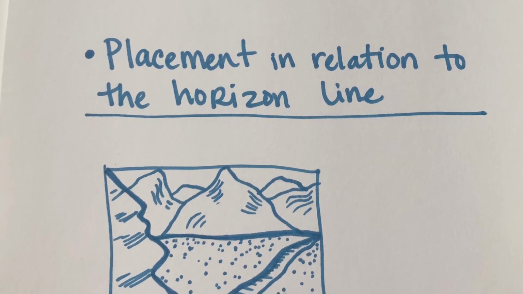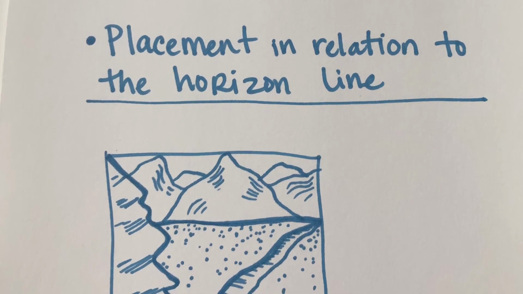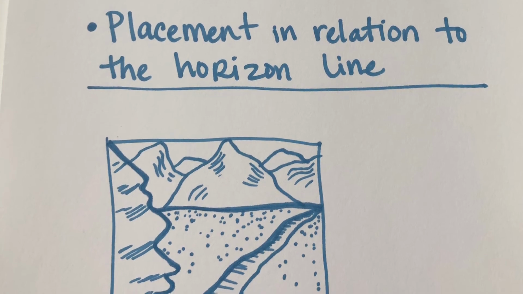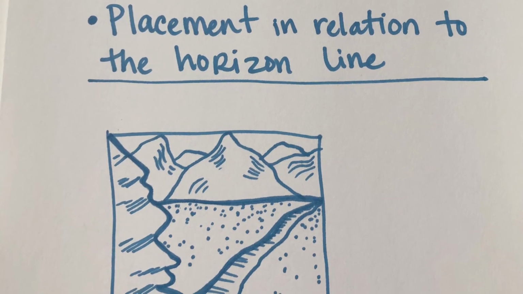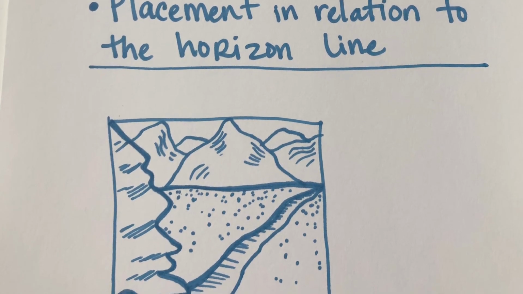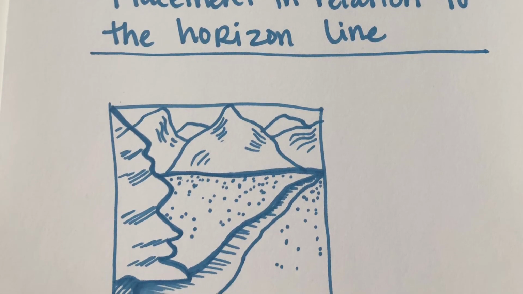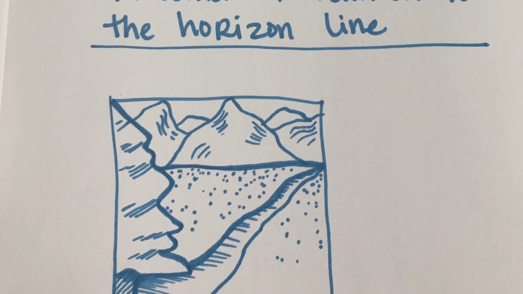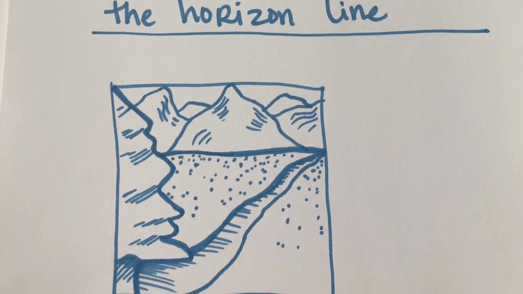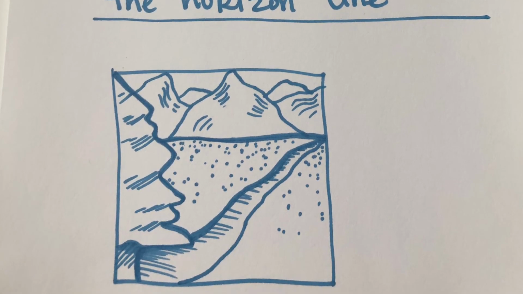A higher horizon line is going to make them feel like they're lower in it. So there are all different ways of using the horizon line, depending on what you're portraying. Most often you see it on the upper half, just a little bit over halfway. That's most often where you'll see horizon lines in pieces. But how you utilize the horizon line adds to the element of space and the movement of the eye through the piece.